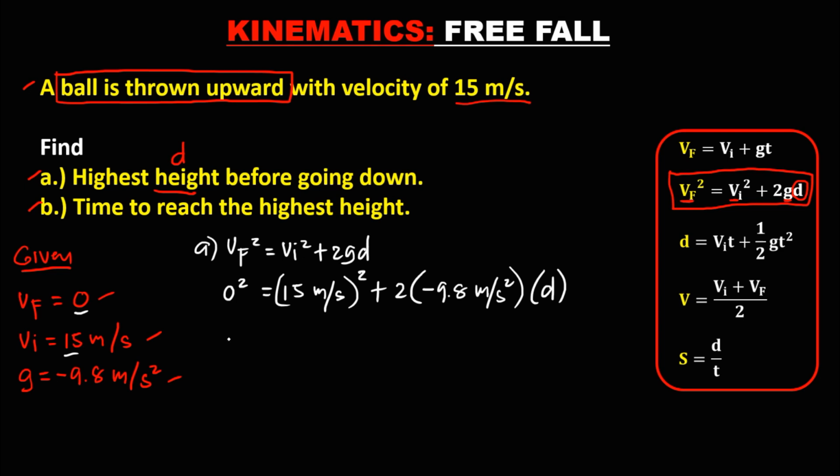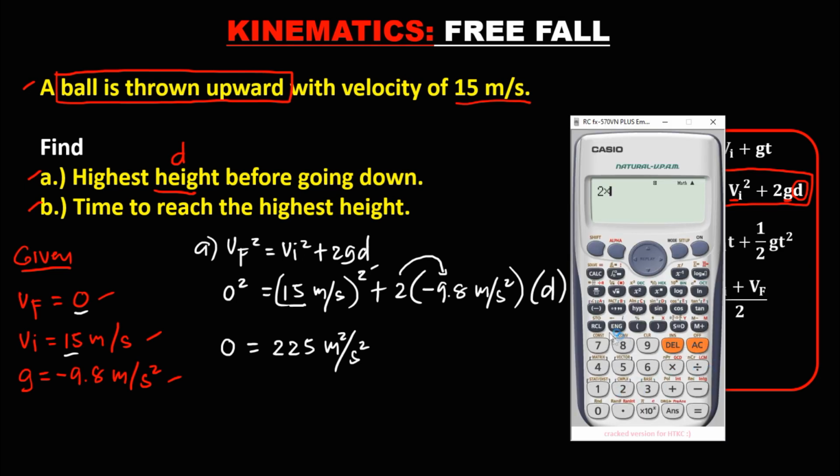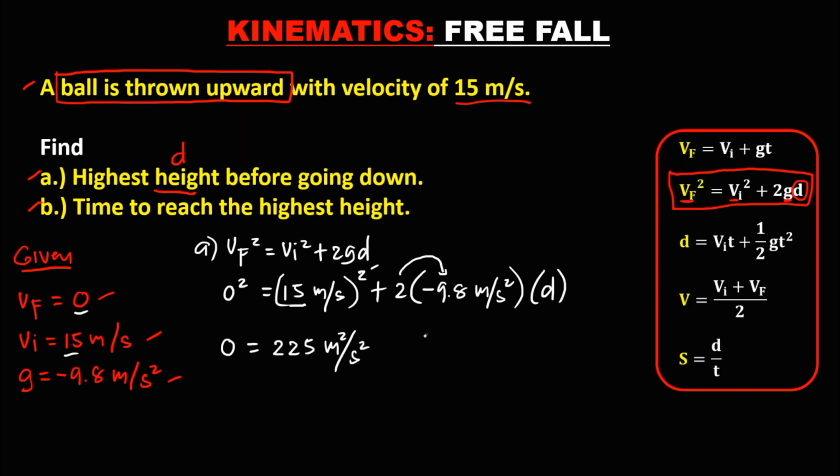Then to simplify, 0 equals this 15 to the power 2, which is 225 meters squared per second squared, and this 2 times negative 9.8 equals negative 19.6 meters per second squared times the displacement.